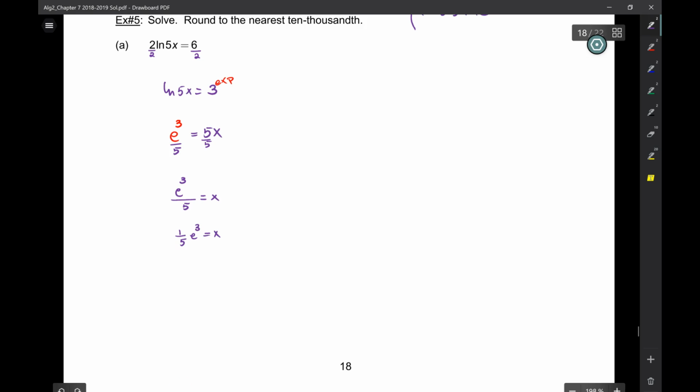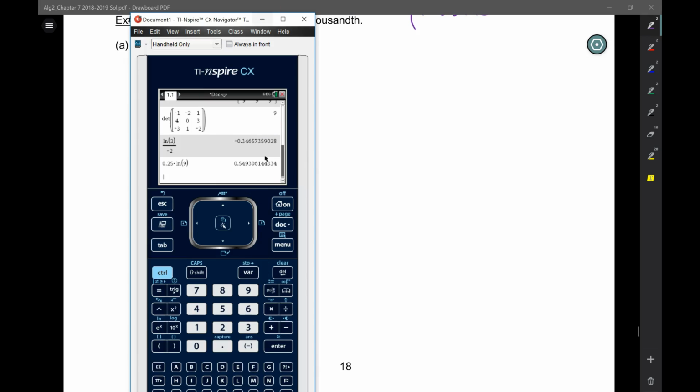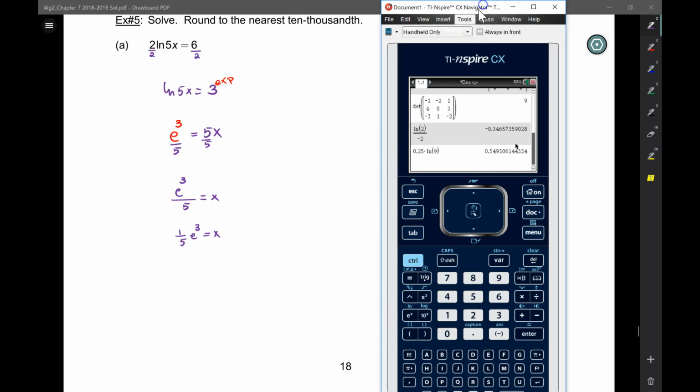Now, if we wanted to put it in the calculator, okay, so e is right here. So e to the power of 3 divided by 5 is 4.017.